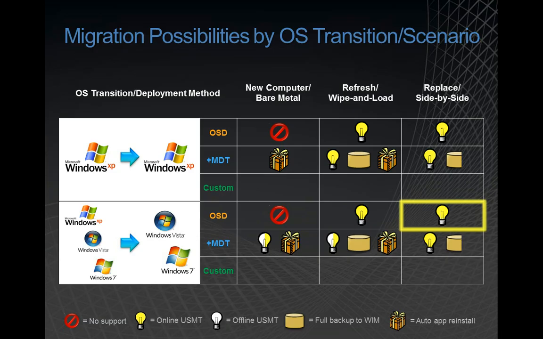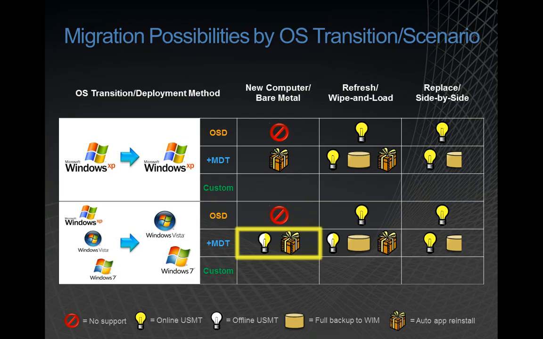However, when we add MDT to the picture for the new computer scenario, MDT again gives us the ability to restore applications, but also the ability to capture the user state, if there is one, offline using the user state migration tool version 4.0. We have the half yellow, half white light bulb in this box to indicate that there are some configurations and scenarios that MDT affords us the ability to capture the user state offline.